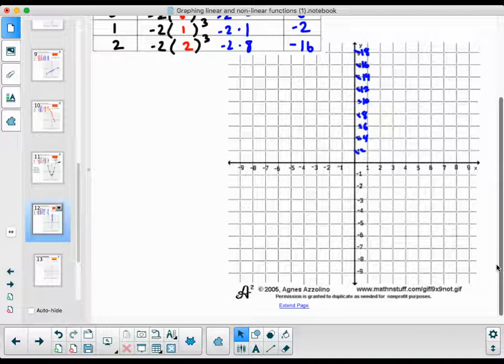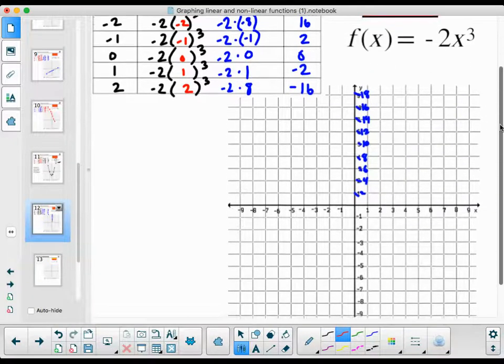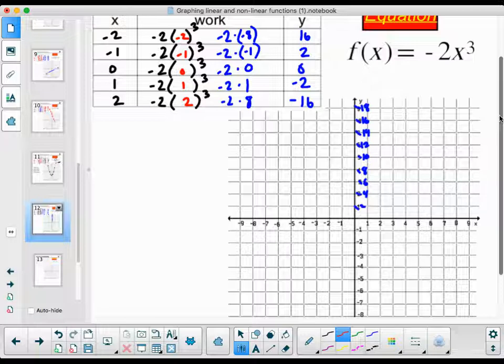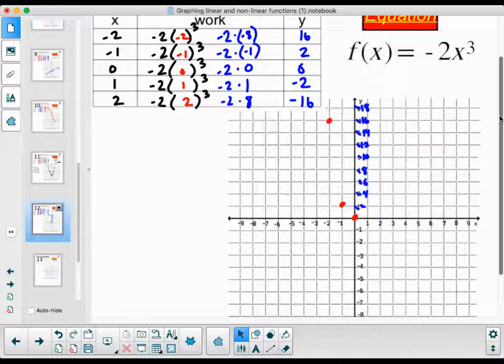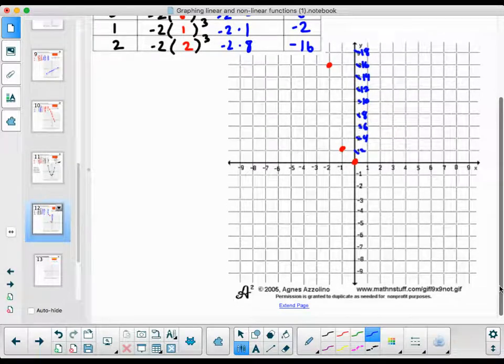I'm going to save myself the time on the bottom side, just assume you guys get that. -2 and 16 then is going to be somewhere right up here. -1 and 2 is going to be about right here. 0, 0 is right in the middle. Now, maybe I will change these just so that we have it clear.